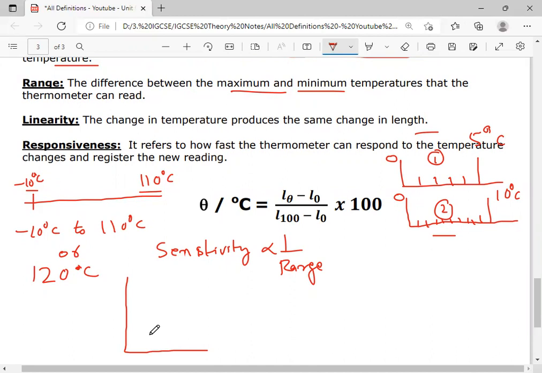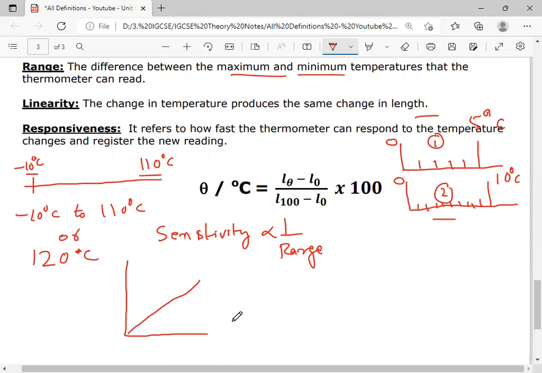If the temperature becomes double, then the expansion of the mercury length in the thermometer also becomes double. So there will be a linear relation between the temperature and the change in length of the mercury column. And then responsiveness refers to how fast a thermometer can respond to temperature changes and register the new reading.